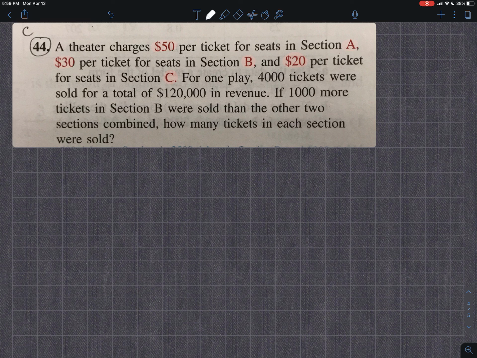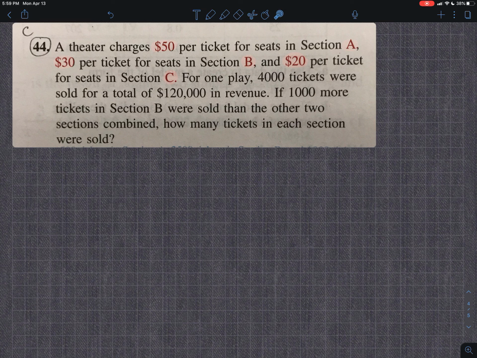So we need to first set up our variables and then figure out our equations. Your tip-off here is that you have the sections. So you have section A, B, and C. So you have maybe two things right off the bat. The first thing is the total number of tickets.